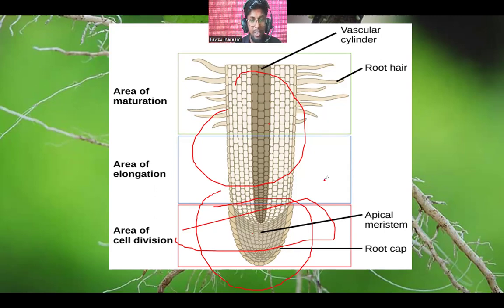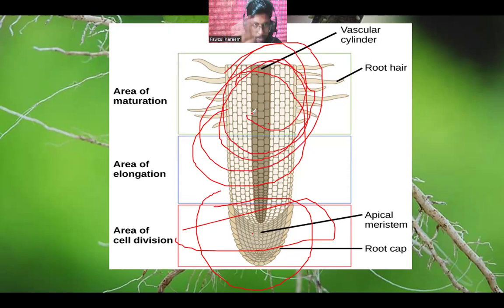But here these cells, these areas, they didn't divide. They didn't produce new cells, so they don't have the ability to show cell division. They don't have that ability. But here in this area, these tissues have the ability to show cell division.